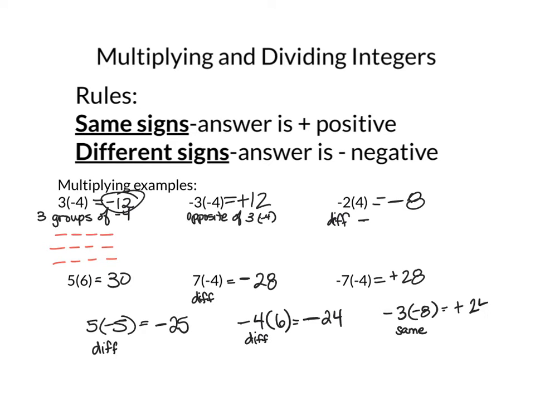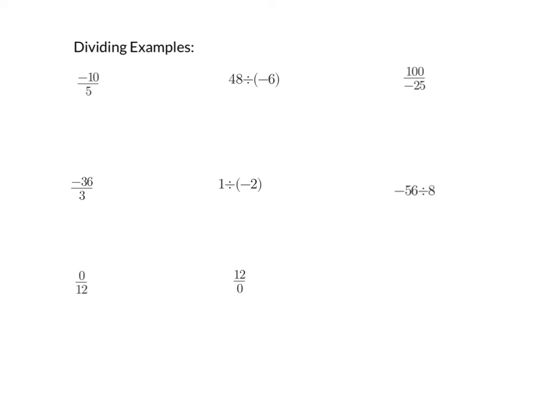Now the rules are the same for division. Remember that dividing can be written as a fraction, or it can be written out with a division symbol. So negative 10 divided by 5, again, same sign or different sign. They're different.